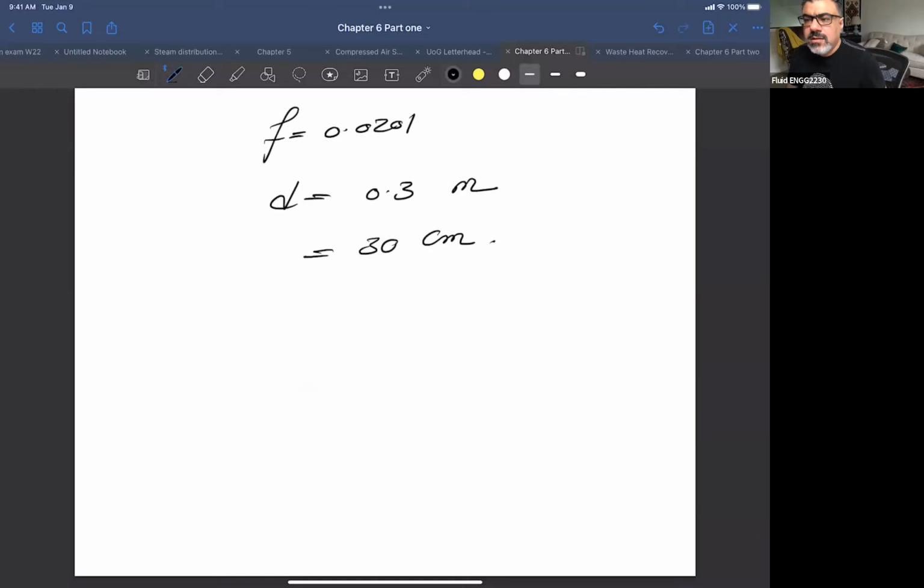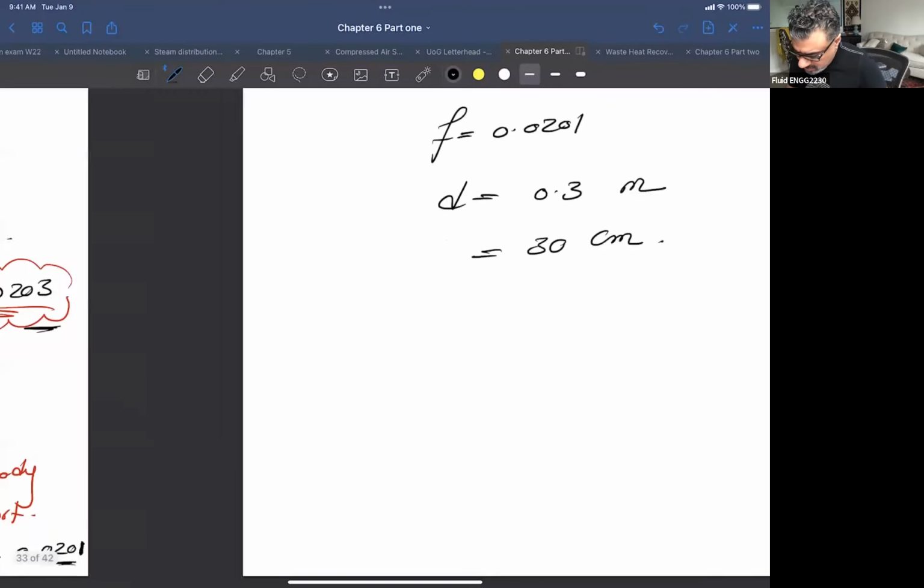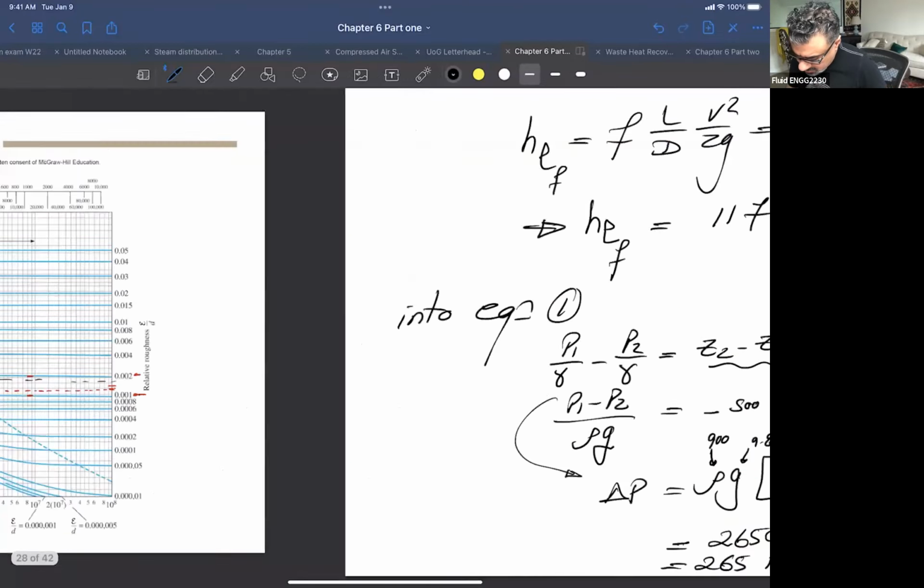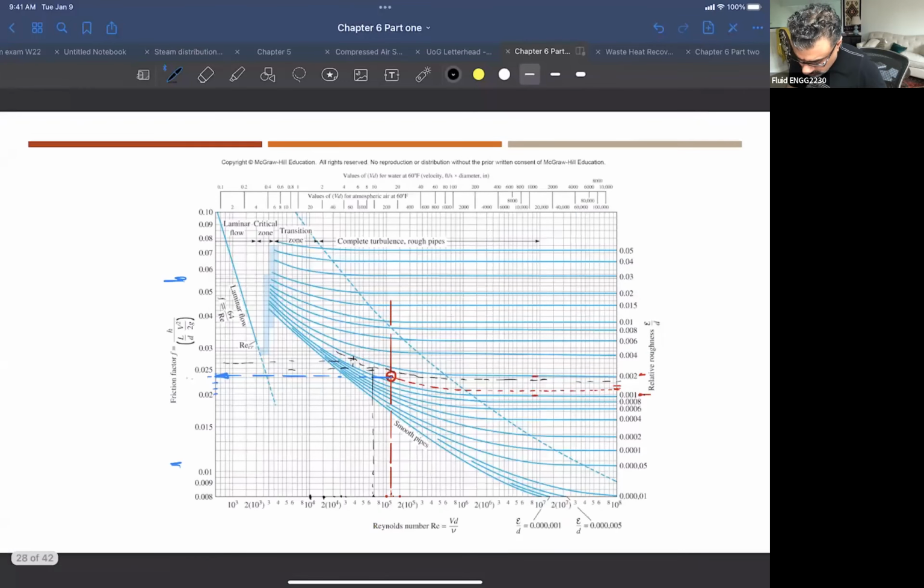We said we're going to assume a value for friction factor. If you look at the Moody chart here, let's say, for example, we don't know how much to assume. It looks like it's something between this and this, right? You see the Moody chart? The friction factor goes from 0.008, a very, very small value, to 0.1 maximum, right?